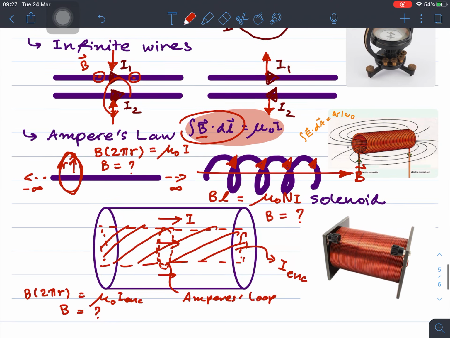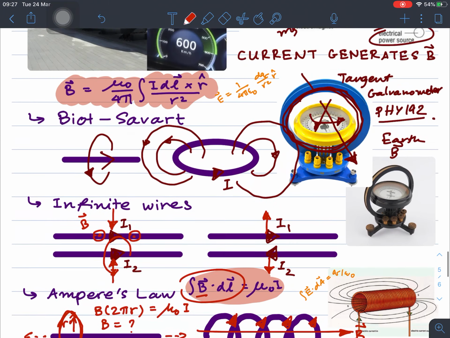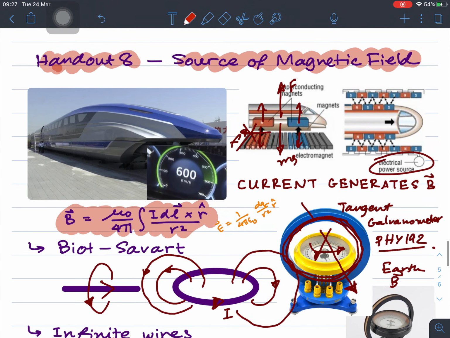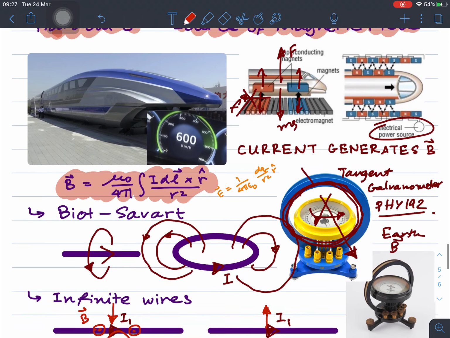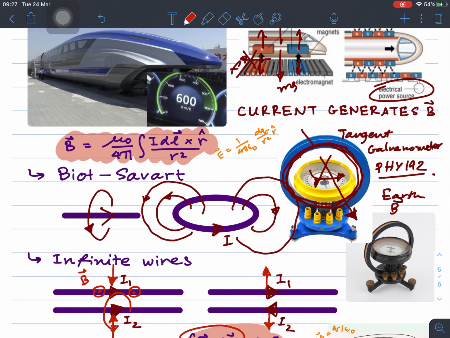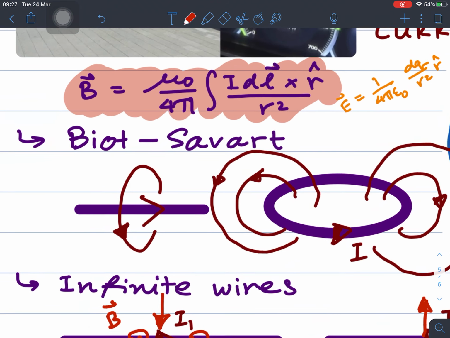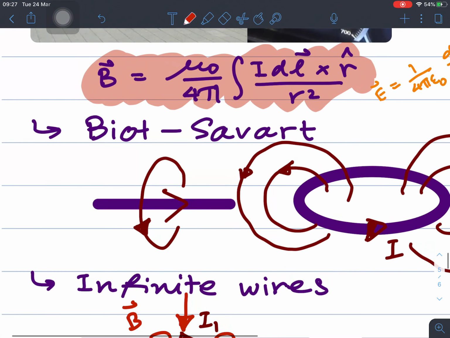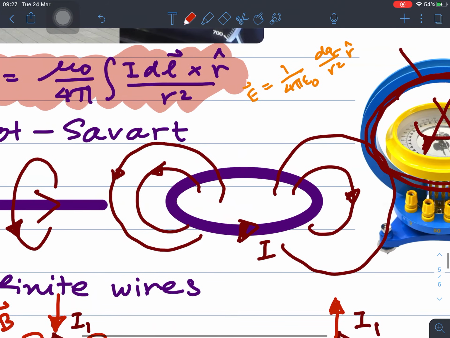So here is the introduction and the summary of what we are doing in this handout 8. We start by considering Biot-Savart's law, the source of magnetic field from current, in which we are going to derive the magnetic field from a straight line and the magnetic field from a ring.